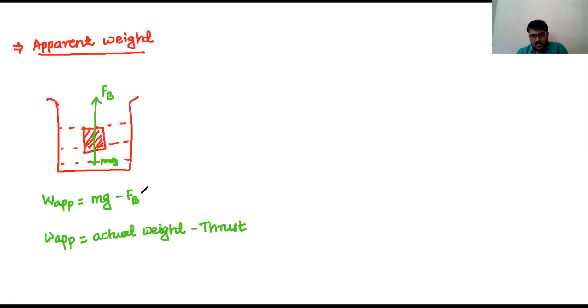So we know gamma of object is less than gamma of liquid. Agree? Why? Because liquid expands more as compared with solid object. Agree? Wait, let me write this thrust formula also so that you will understand more.